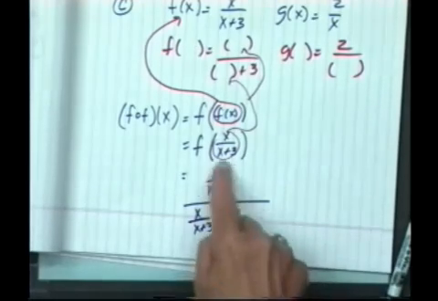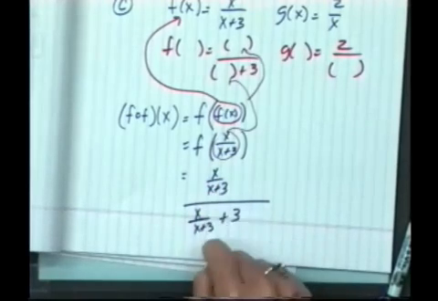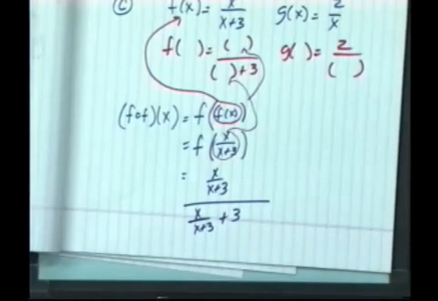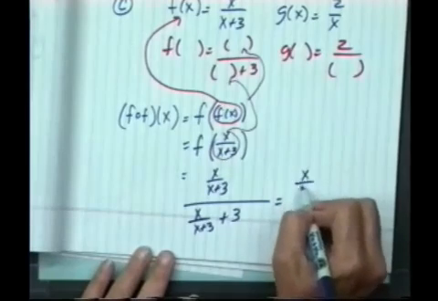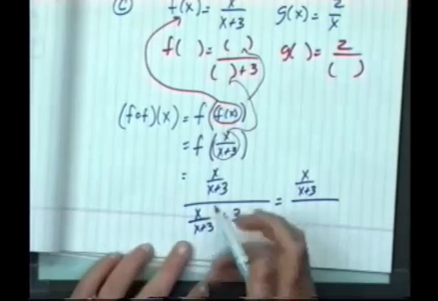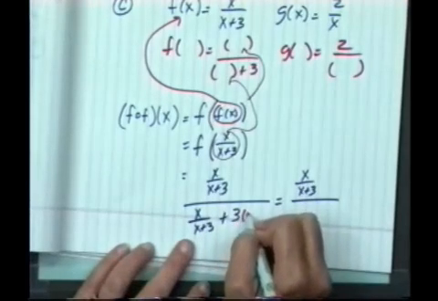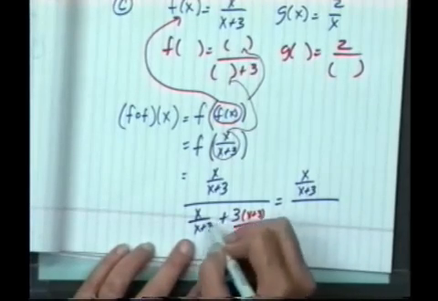All right, what kind of fraction do I have here again? Complex fraction. All right, the numerator is already a single fraction, so we're good. X over X plus 3. Okay, the denominator, we need to get it to a single fraction, so we're going to multiply X by (X plus 3) over (X plus 3).